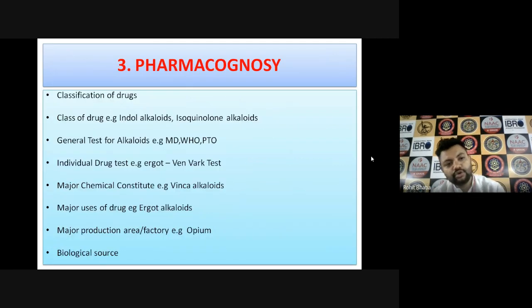Then from pharmacognosy, you should go for classification of drugs, chemical class of drugs like indole alkaloids, isoquinoline alkaloids, general tests for identification of alkaloids, individual drug tests like the Van Urk test for ergot alkaloids, major chemical constituents of crude drugs, major uses of drugs like ergot alkaloids, major production areas or factories like where the opium factory is situated, biological source and family.